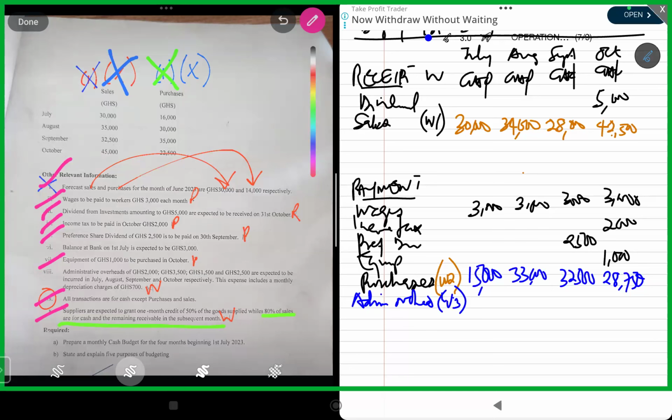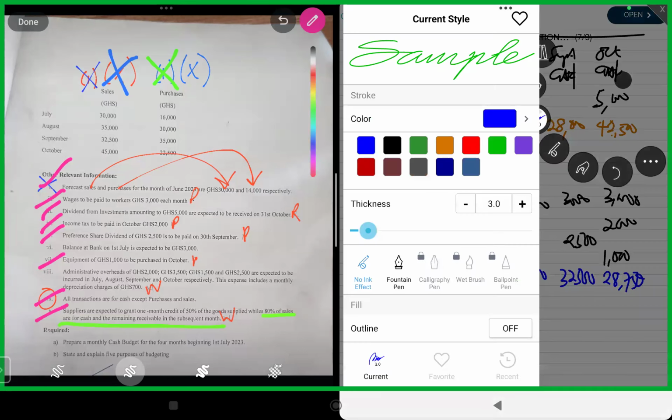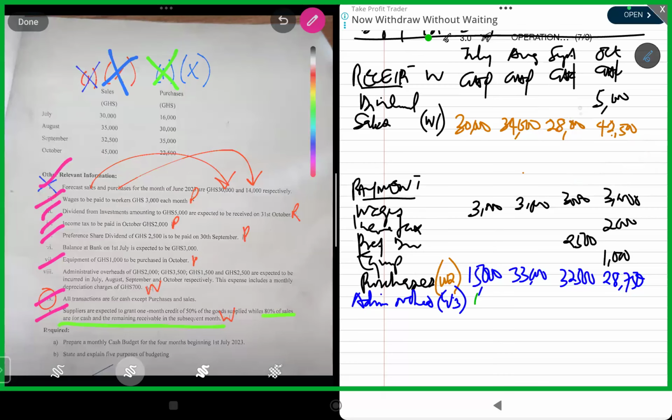What are the figures? 1,300, 2,800, 800, and 1,800. Have we treated everything? Not the bank. The bank will come in later.